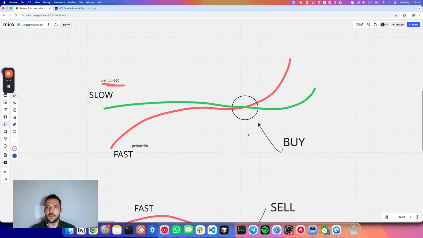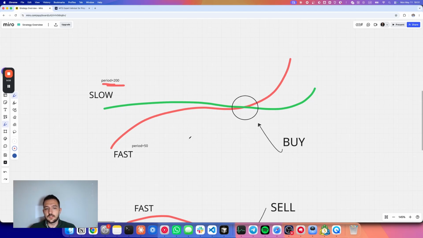So any move is going to be divided by 200, so the moving average is going to react less. When it's 50, it reacts more. If it would be 10, then it will react even more. The most reactive would be a period of 1, which would basically be following the closing price of an asset.